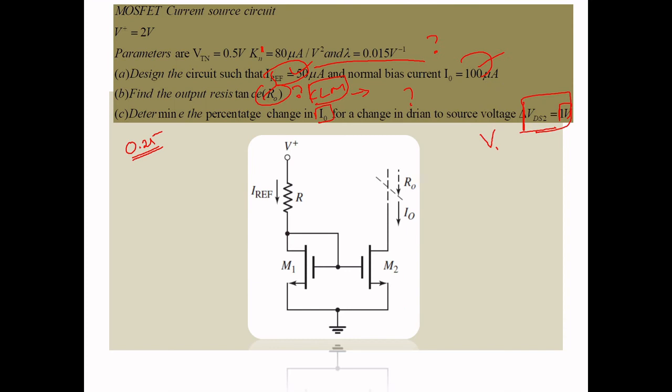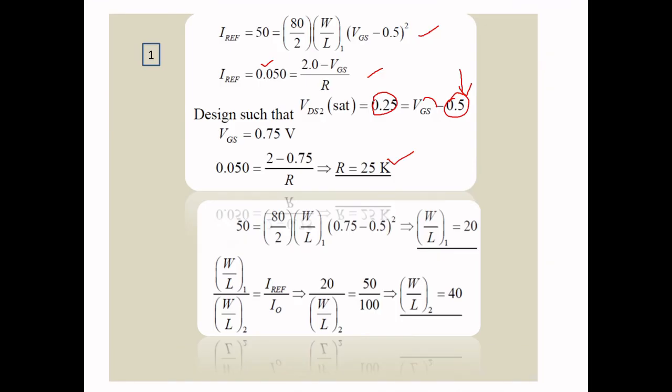Okay, fine. So now I want to calculate your W by L ratio. Very simple. The basic equation is I equals Kn dash by 2, W by L, VGS minus VTN whole square.